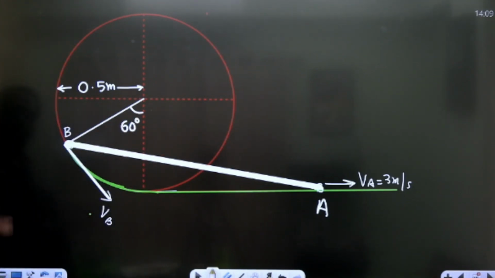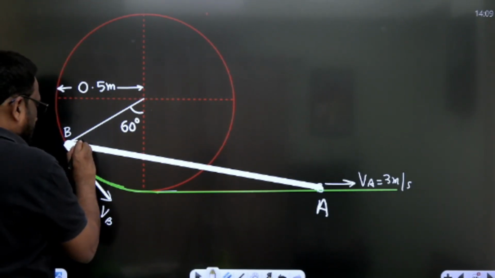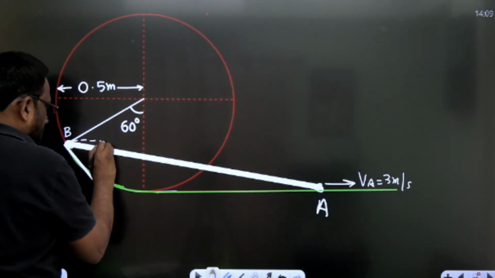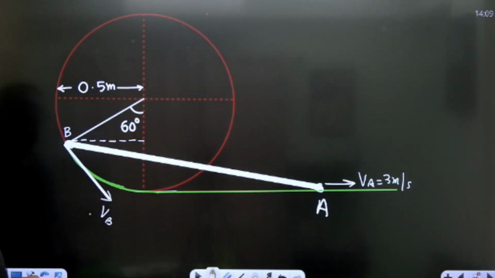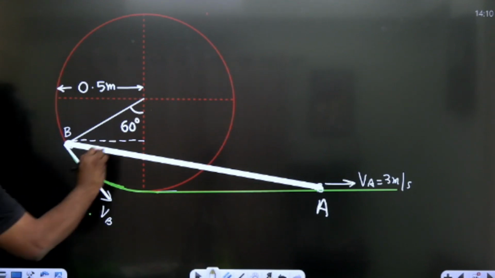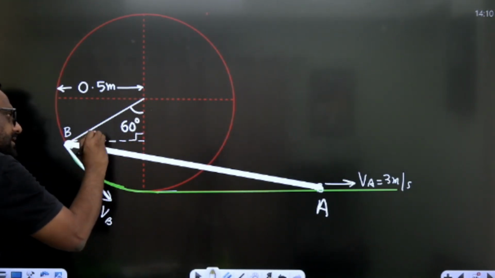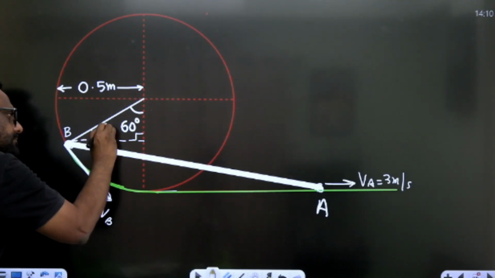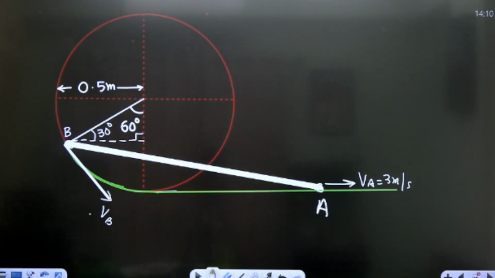नाउ द थिंग इज वी नीड टू फाइंड एंगल्स. बहुत इंपॉर्टेंट है एंगल्स फाइंड आउट करना सर. एक बार देखो. तो दिस इज 90, सो डेफिनेटली दिस विल बी 30 डिग्री. दिख रहा है सर आपको? दिस इज 30 डिग्री.